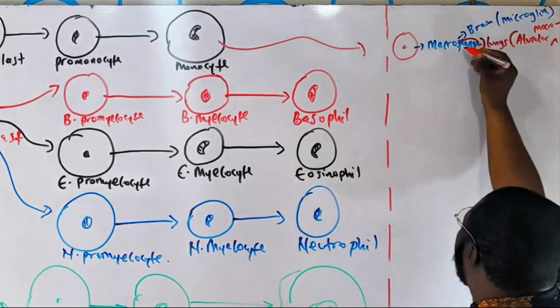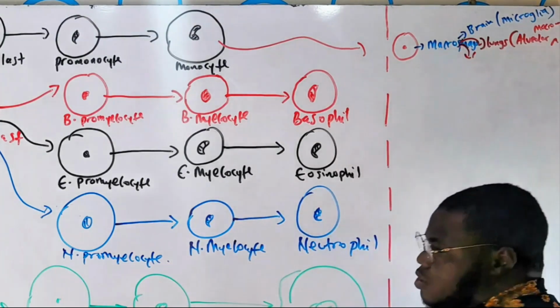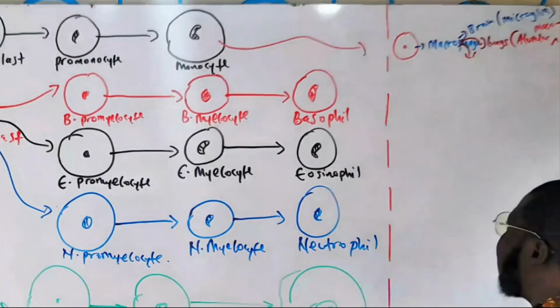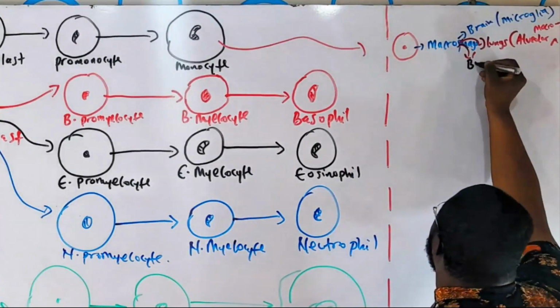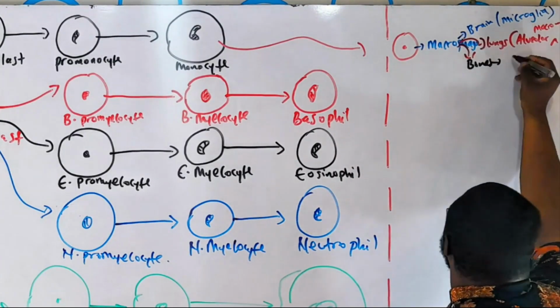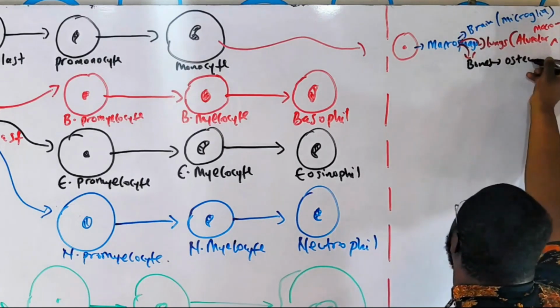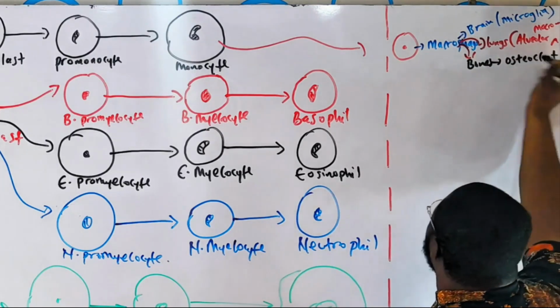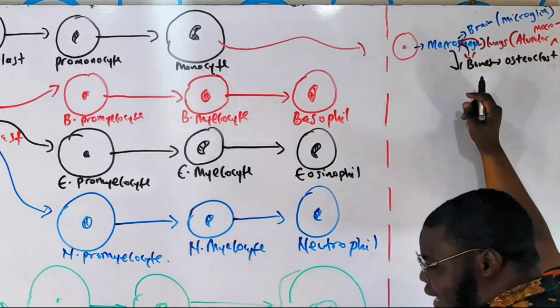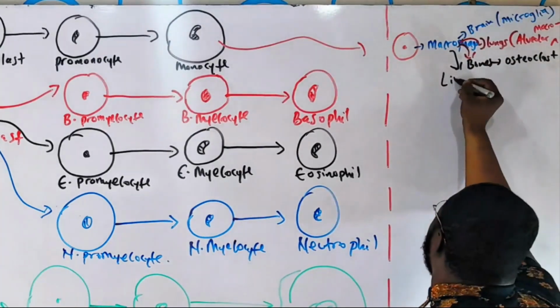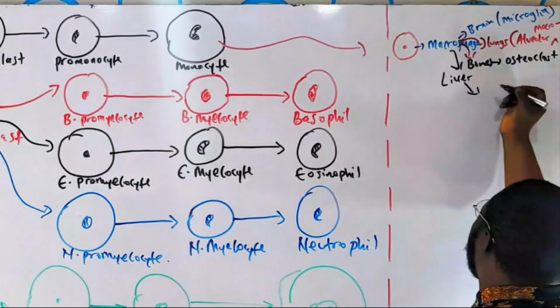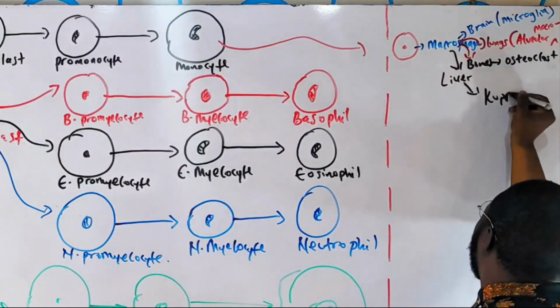And when they go to another part of the body, let's say somewhere like the bones, inside the bones the monocytes change to something called osteoclasts. Osteoclast. If they go to some other places in the body, let's say the liver, inside the liver they become cells called Kupffer cells.